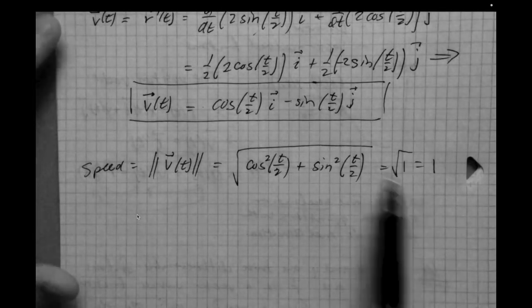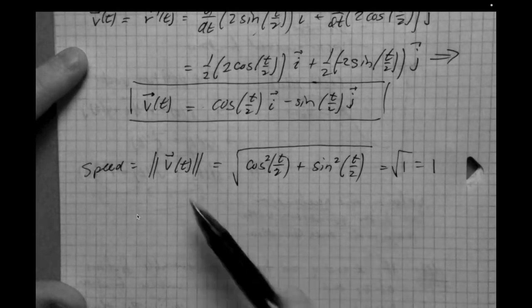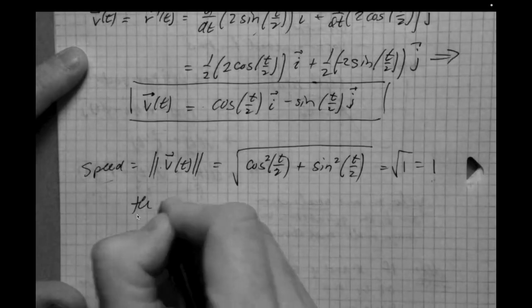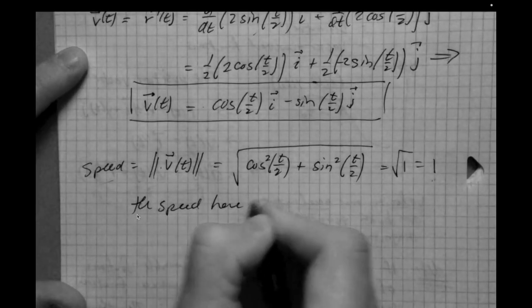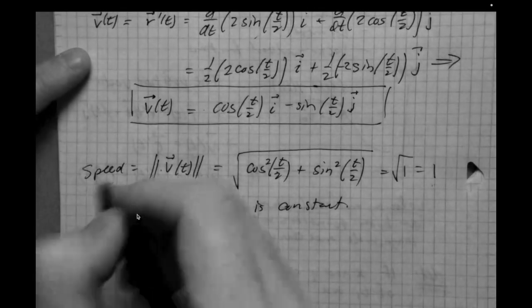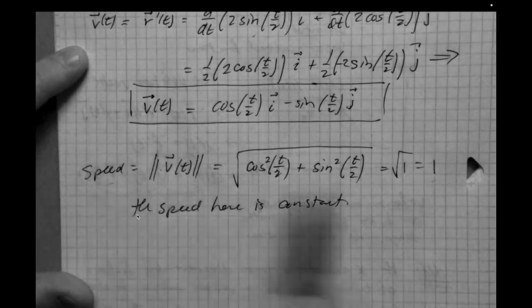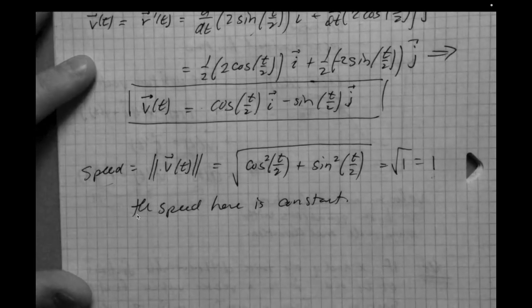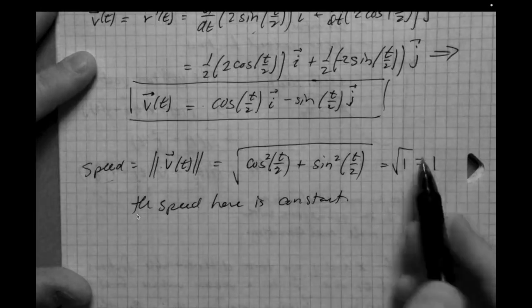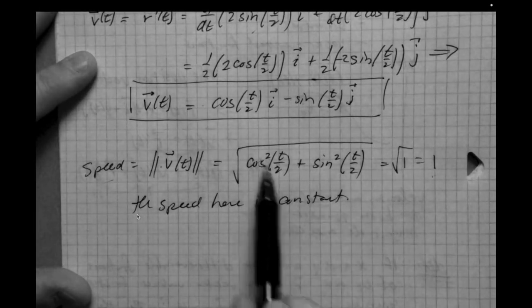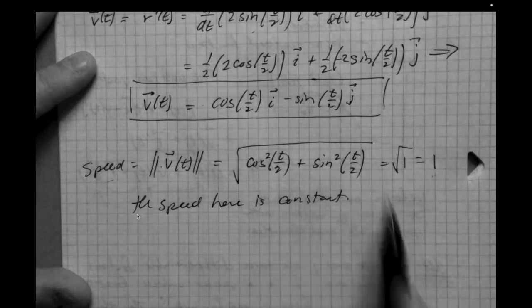And so what you can see here is that in this particular example, the speed is constant. Normally you'd want to think of this as a function of t, right? The speed could presumably change at various values of t, but in this case there is no t. The t's disappear in the expression because of the Pythagorean identity that's coming into play here.